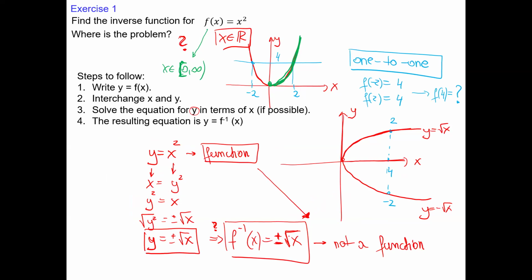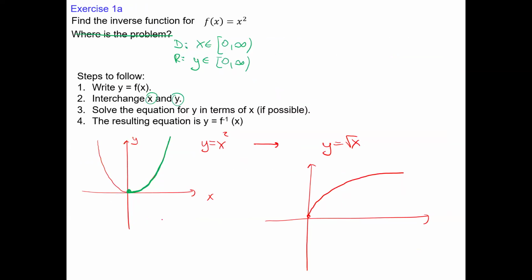We cannot take negative because that's not the domain. They will just interchange. I don't want to confuse x and y's. That means this is an inverse. The inverse function for x squared will be square root of x, but we're just talking about these restrictions. And then it's perfectly fine. Square root of x is a function. We will not take the other part.